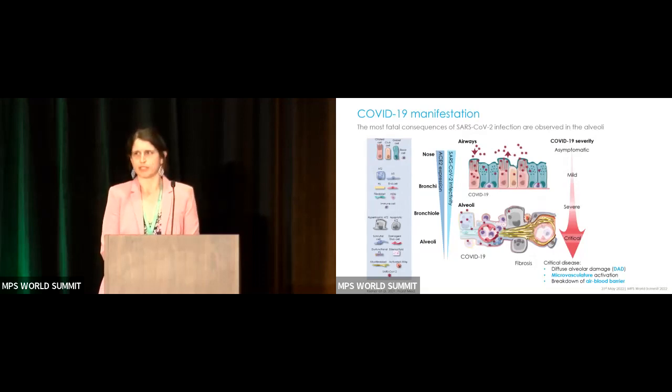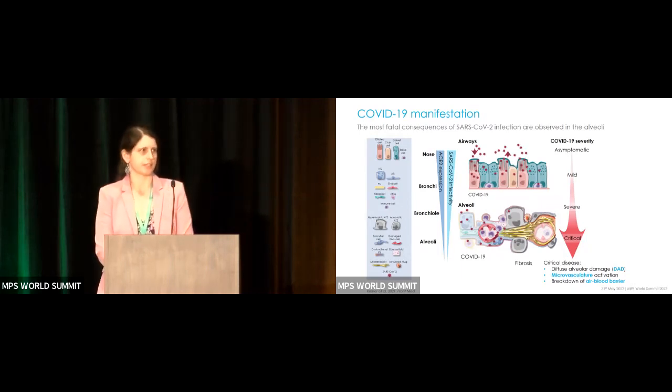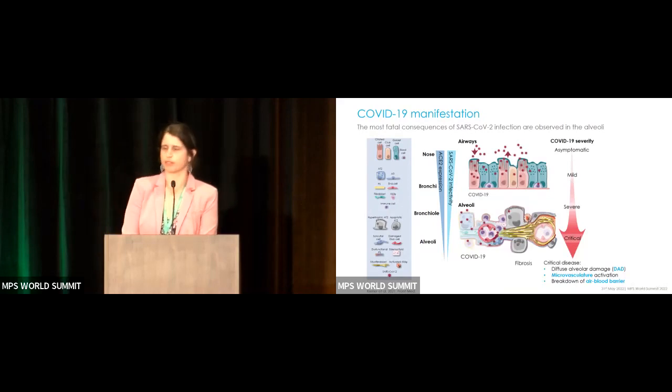However, severe manifestation is observed once the virus reaches the alveoli and the distal lung, where the primary target cells are the AT2 cells, which then leads to massive inflammation and microvasculature activation, and finally also to the breakdown of the air-blood barrier. And diffuse alveolar damage is a common pathological manifestation that is observed in the lungs of diseased COVID-19 patients.